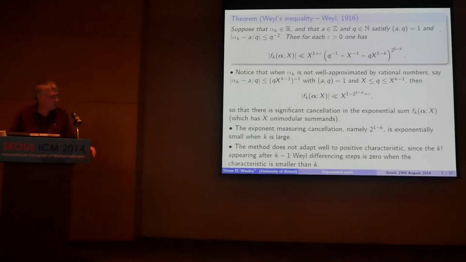And one other feature, if you're interested in applications, for example, in theoretical computer science, this method is not good if the characteristic that you're working with is small. So here I'm talking about the integers. You might be interested in what happens if you're looking at polynomial rings with coefficients from a finite field F_q, for example. But if the characteristic is small, this method doesn't give you any sensible estimates. So that's another problem with this method.